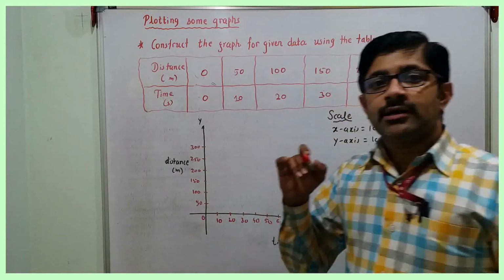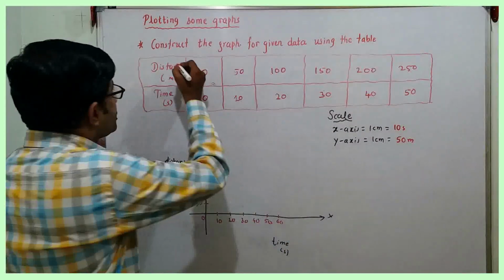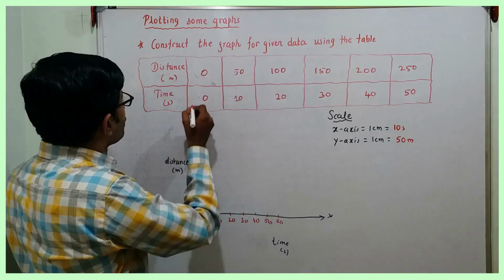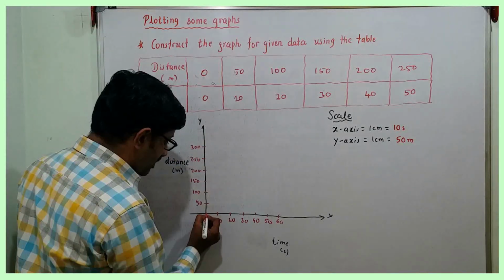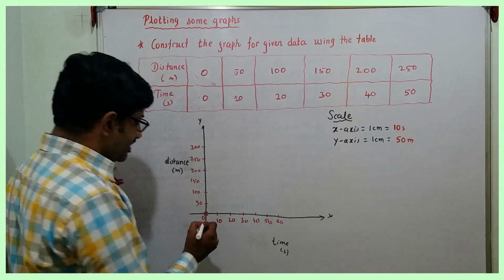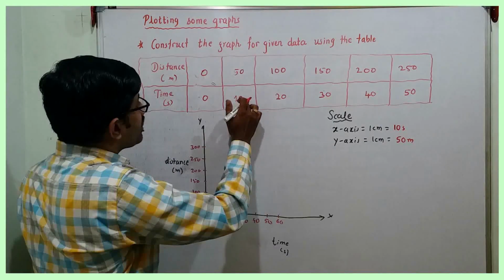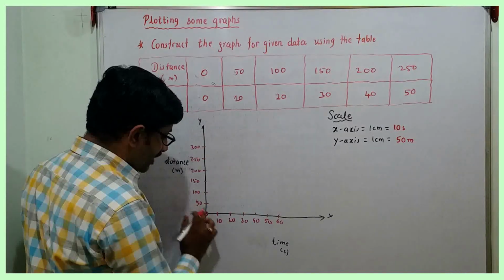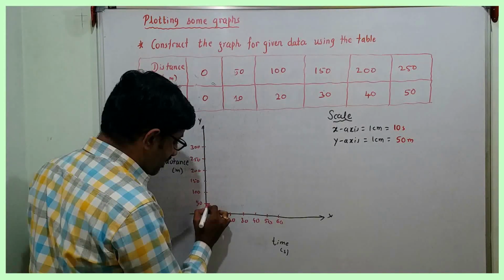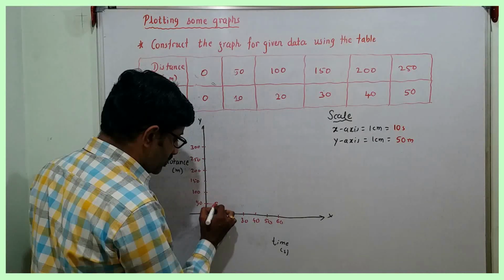Let us mark those values. Here the distance and time are 0, therefore the first point lies on the origin itself, and the second one will be 50 meter for 10 second. It is probably somewhere here. So this is our point.